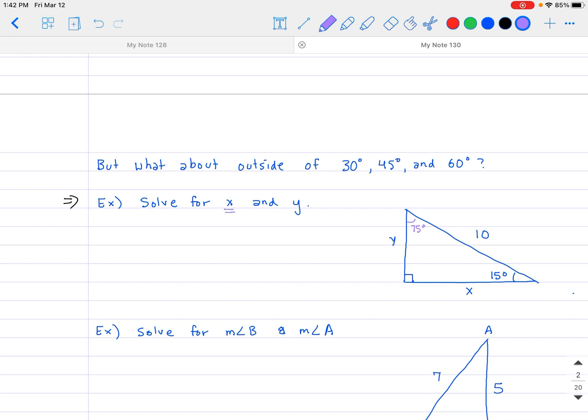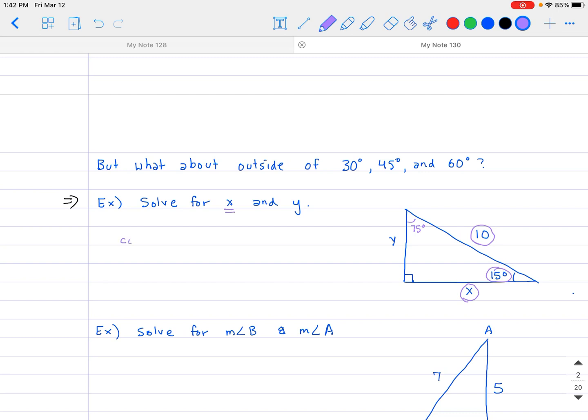Let's go ahead and solve for x. So if I want to solve for x, I have to think about which trig ratio I'm going to use. Well, I know the angle that's given to me, which is 15. I'm trying to solve for the side that is next to it, so that's the adjacent. And then we have the hypotenuse, which is 10. So if you're thinking about an angle with its adjacent and hypotenuse, the first thing that should come to mind is cosine.